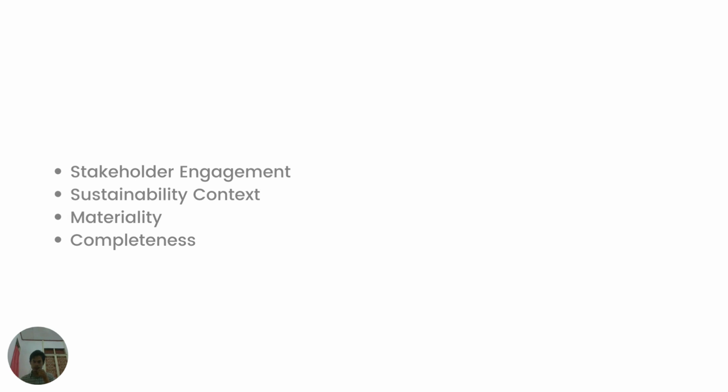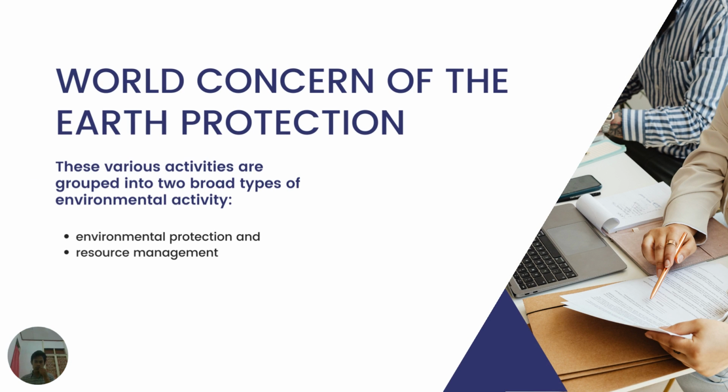The next is the scope of environmental protection. The various activities are grouped into two broad types of environmental activity. The first is environmental protection, and the second is resources management.